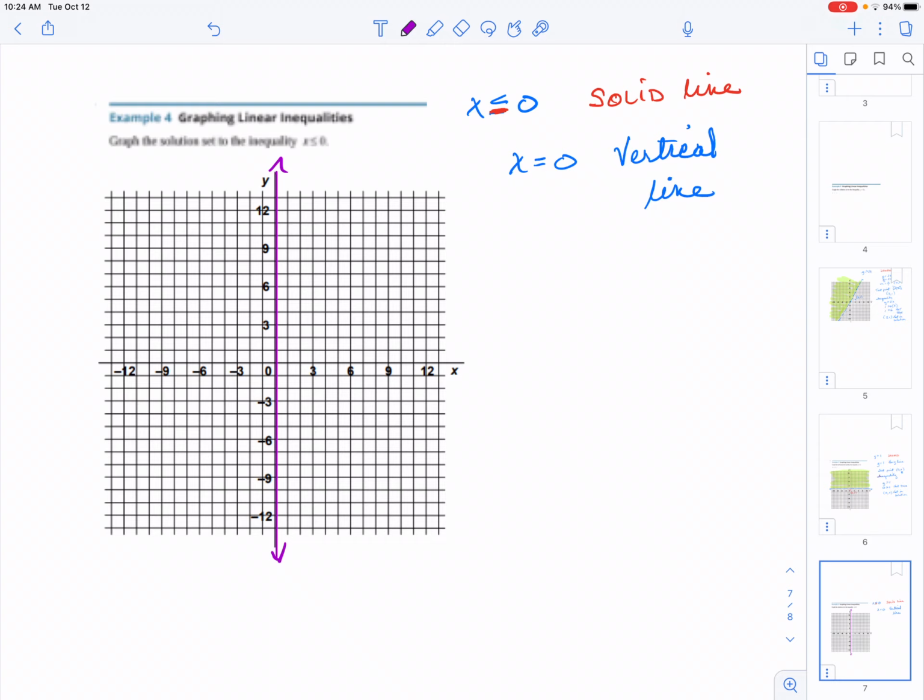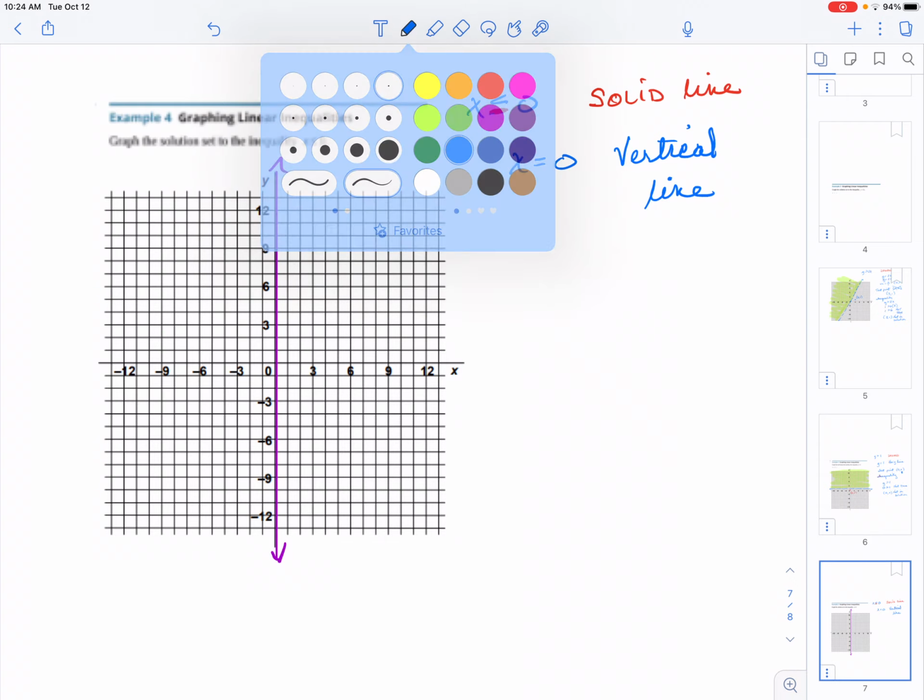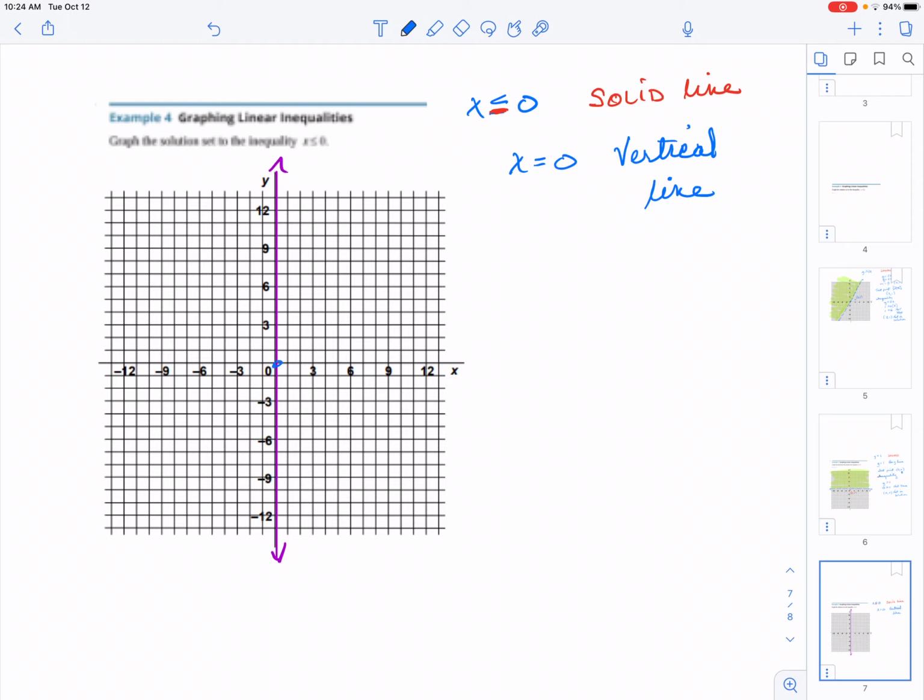And then I'm going to choose a test point. It will not be (0, 0) this time because you can see 0 is actually on the line. So maybe I'll choose (3, 3). And again, you can choose whatever you want. Go back to your inequality, put in the x coordinate, and ask yourself, is that true?